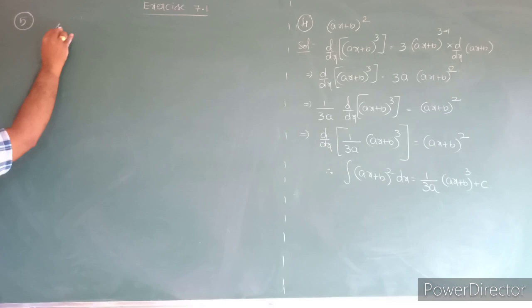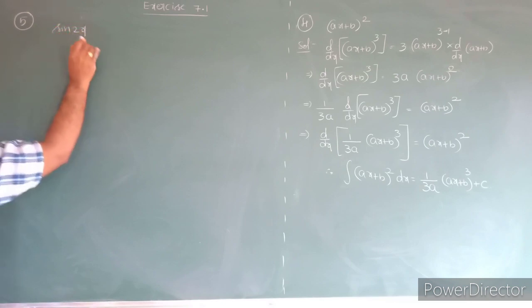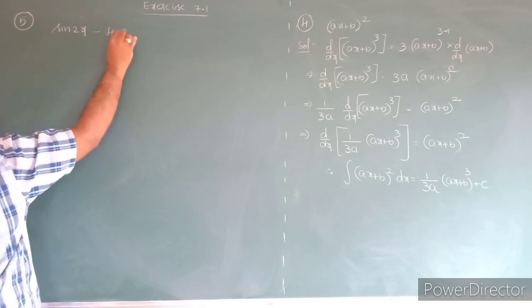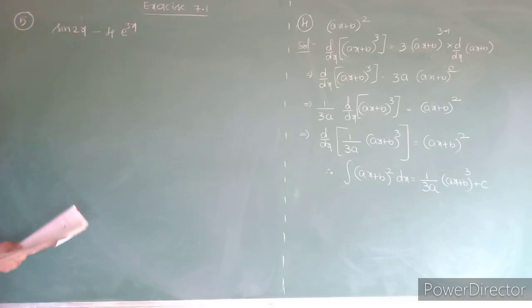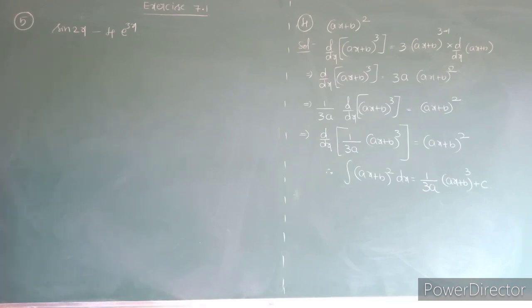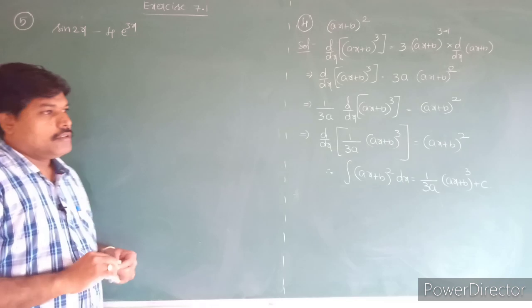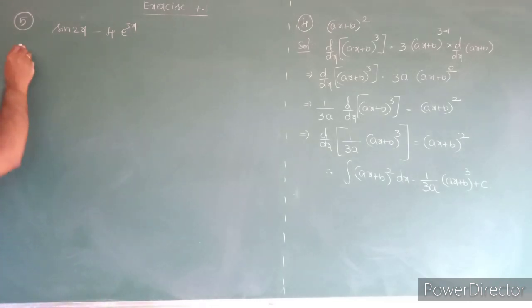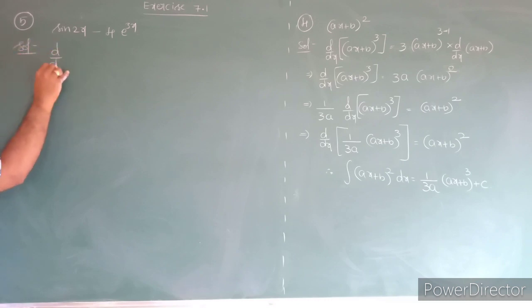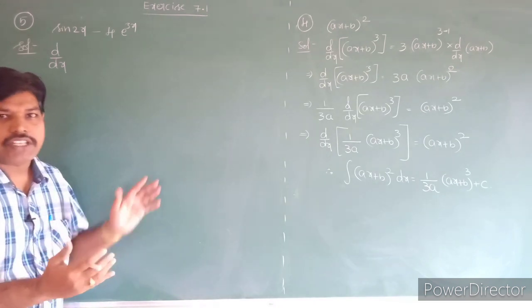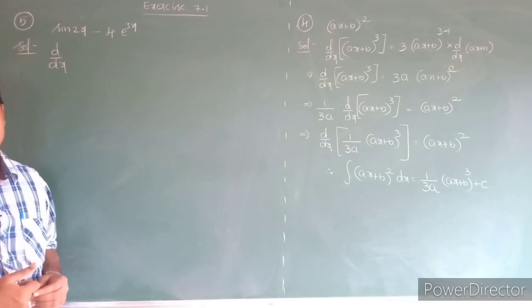So they are asking the integral of (sin 2x minus 4 e power 3x) by the inspection method. Here you have to start with the derivative of some function, taken in the reverse process, that is nothing but integration, yes or no?